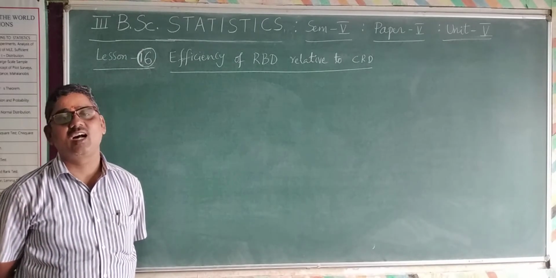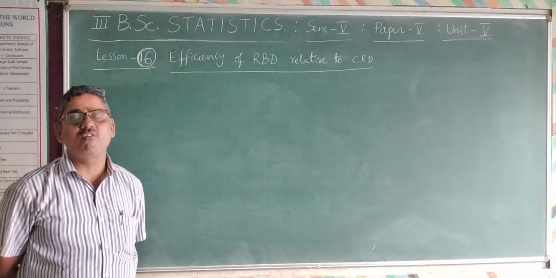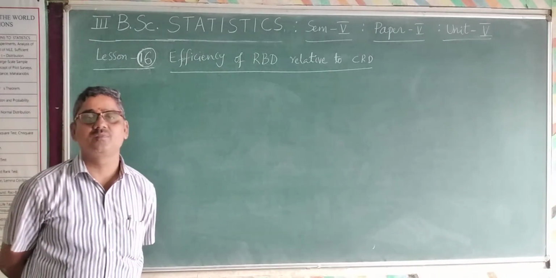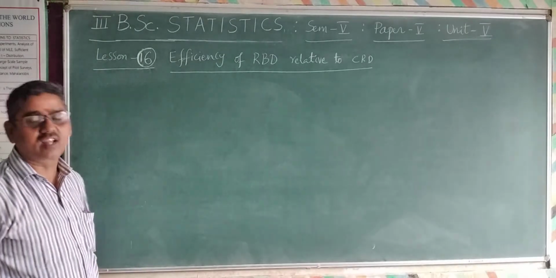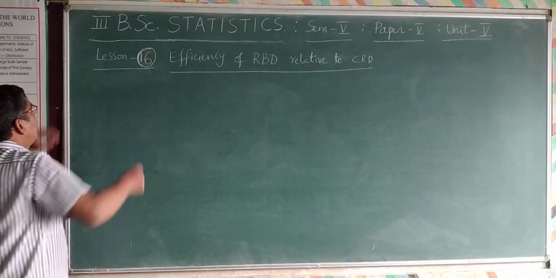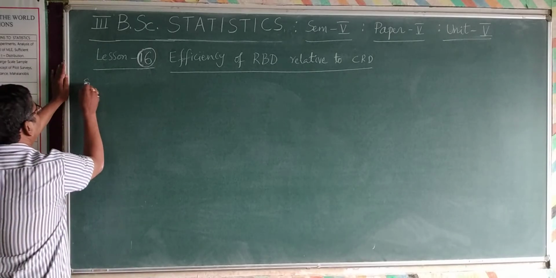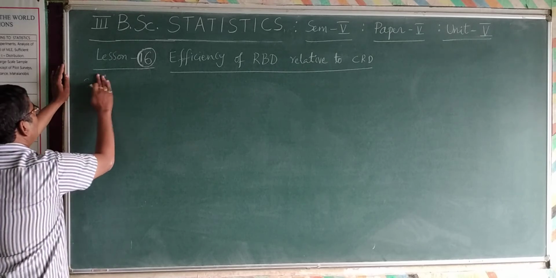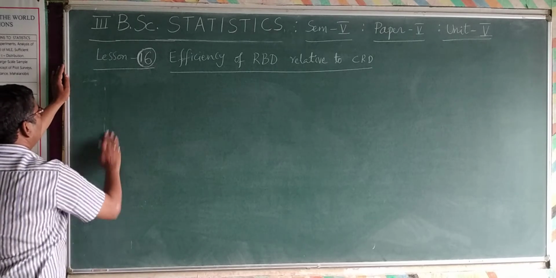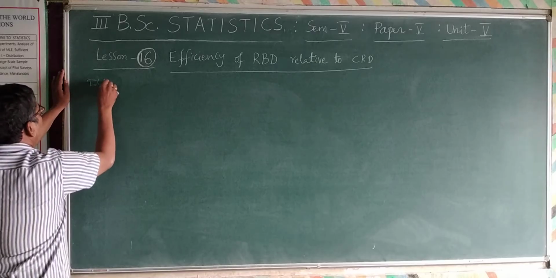What is a simple table of RBD? I consider 3-4 important factors in a particular table. First of all, the source of variation, and it is the table for RBD.